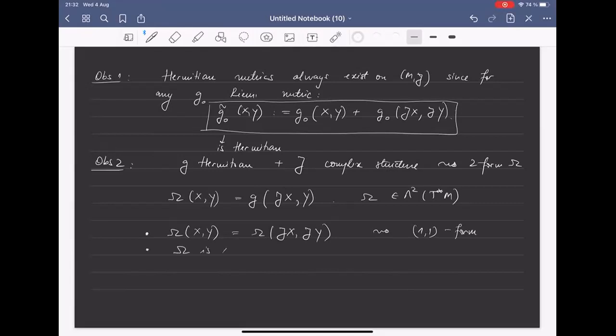And omega is positive, the positivity coming from the fact that G is a metric. So omega is positive, meaning that omega applied to X and JX is strictly greater than 0. It's a positive number.